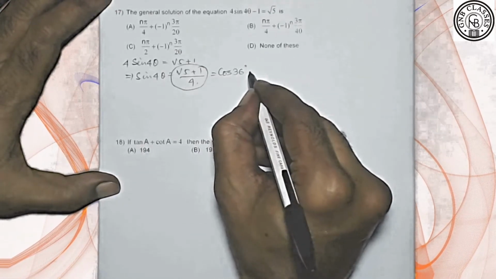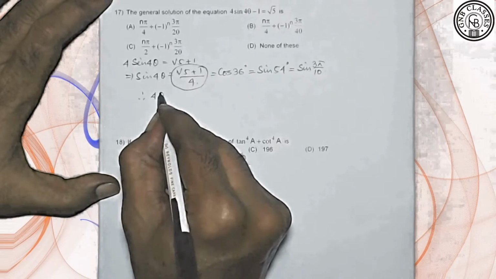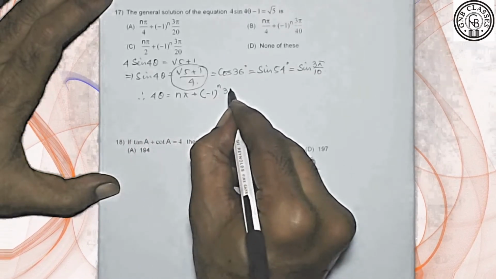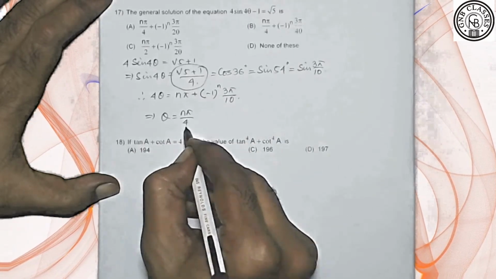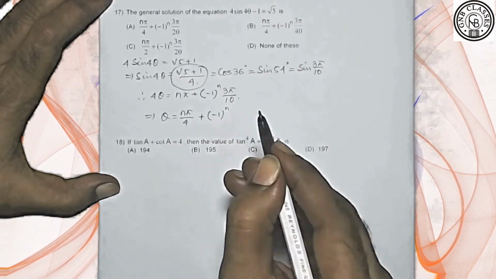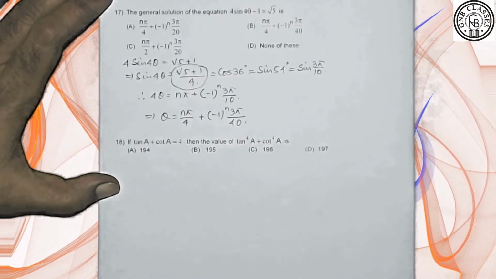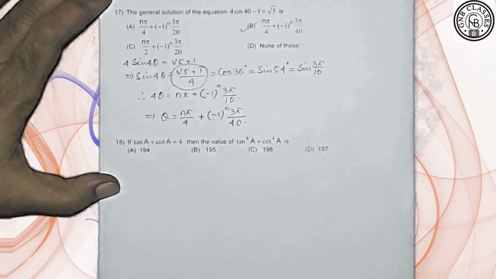Cos 36 can be written as sine 54 degrees, right? Which is sine 3 pi by 10. Therefore, the general solution is n pi plus minus 1 whole to the power n 3 pi by 10. That implies theta is n pi by 4 plus minus 1 whole to the power n 3 pi by 40. Okay, so your option B is correct in this case. Is it clear?